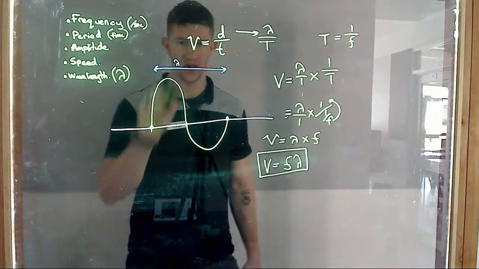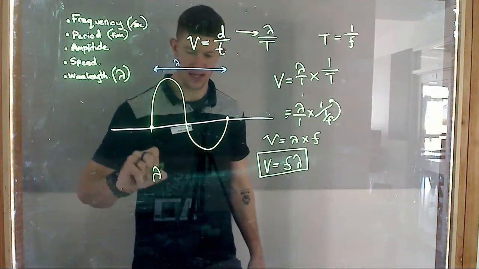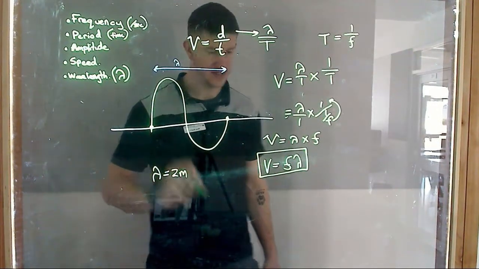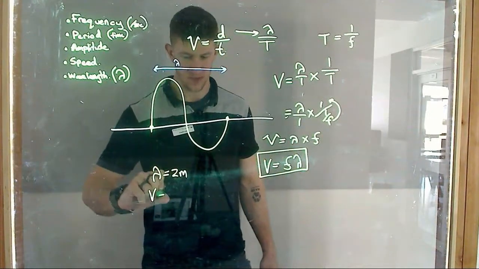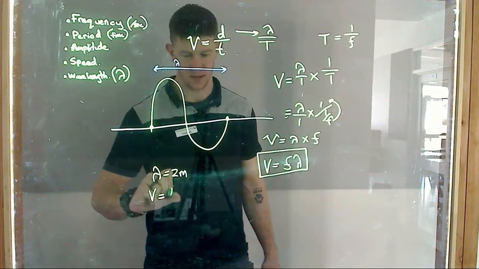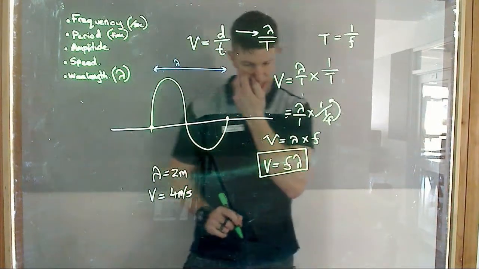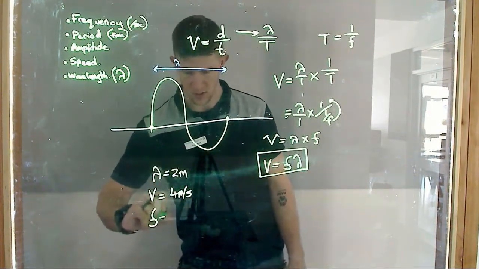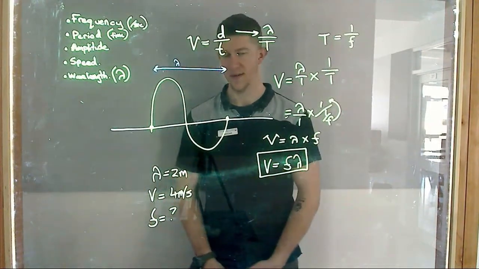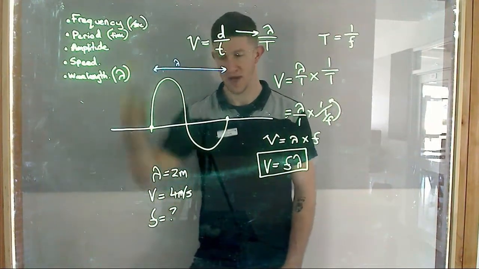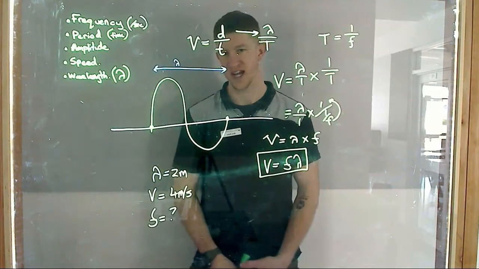So I could give you its wavelength, let's say lambda equaled 2 meters, and its velocity was, for the sake of making the math easy, 4 meters per second. The question would then be, well, what is its frequency? How many times per second would a wave that's 2 meters tall and moving at 4 meters per second be?